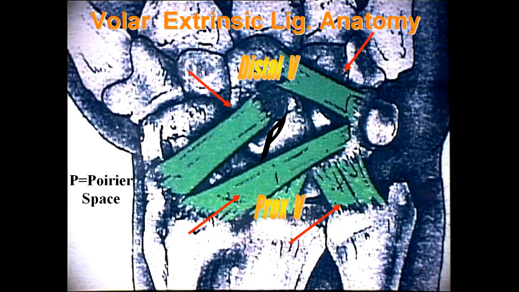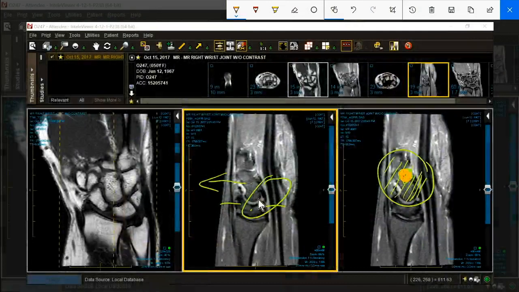It also has a name called the long lunate ligament, volar portion. Don't worry about that. Just name it by where it goes. It goes all the way across. Those are the two. Now the configuration along the volar aspect of the wrist is a little more complicated than that, and I don't really care.